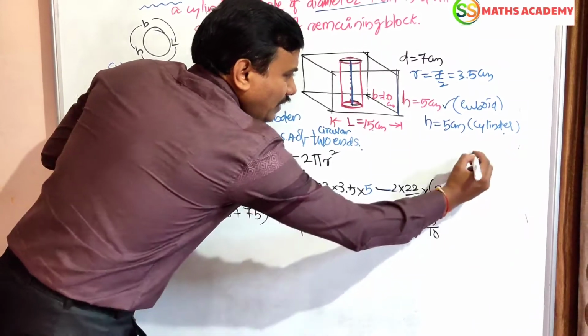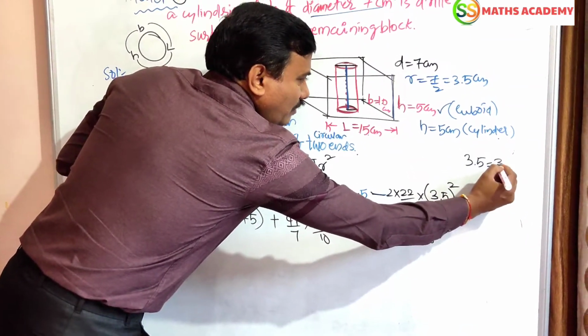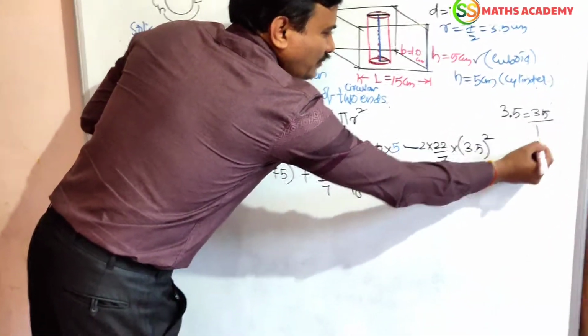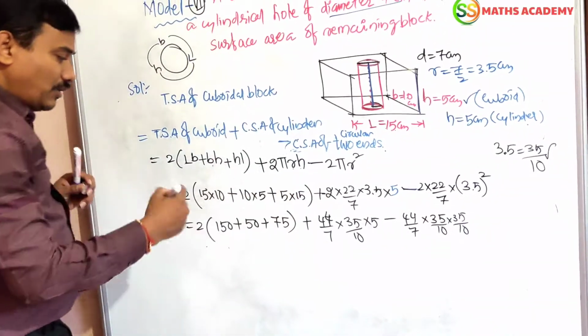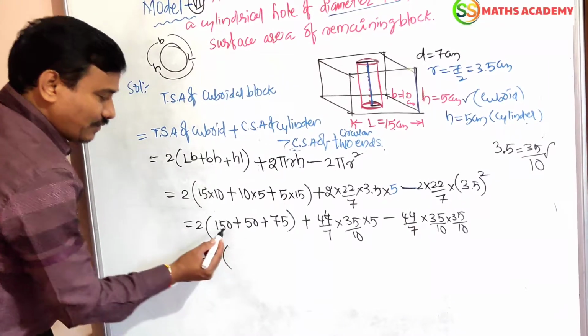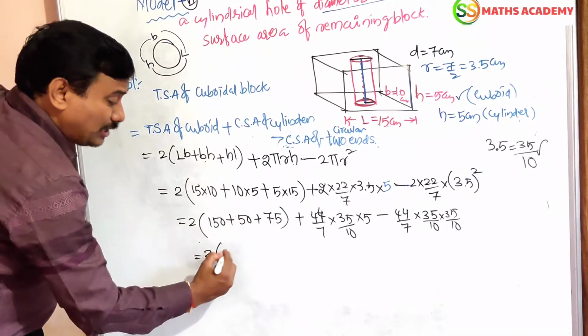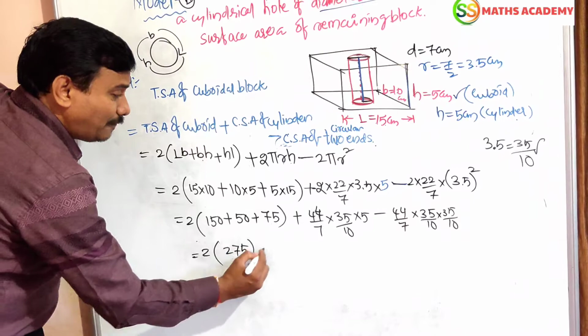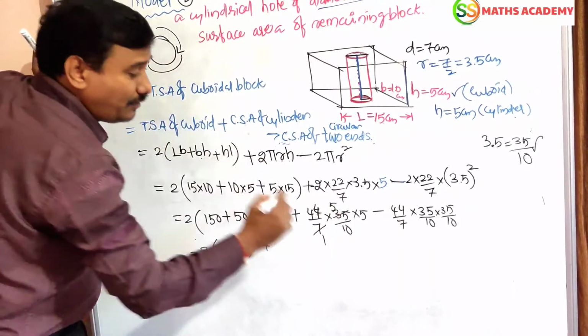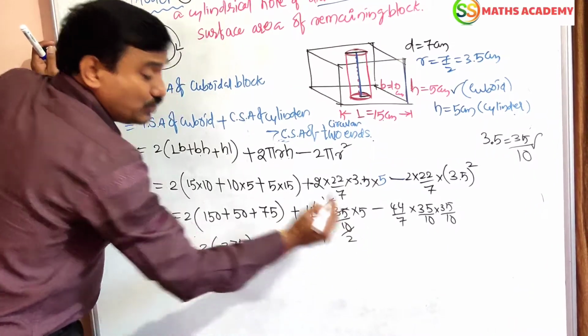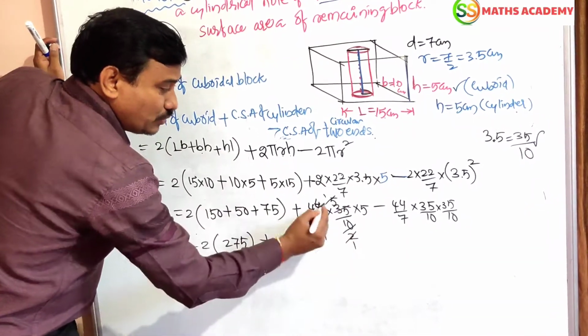As you know very well, 3.5 decimal converts into the fraction 35 by 10, since there is one digit after the point. Now simplification: 150 plus 50, 200, 200 plus 75, 275, plus 7 1s are 7, 7 5s are 35, 5 1s are 5, 5 2s are 10, 2 1s are 2, 2 2s are 4.